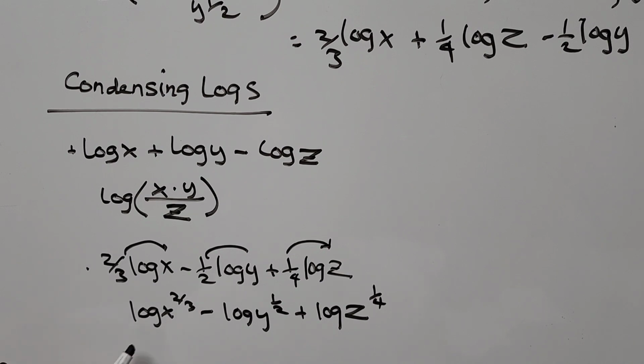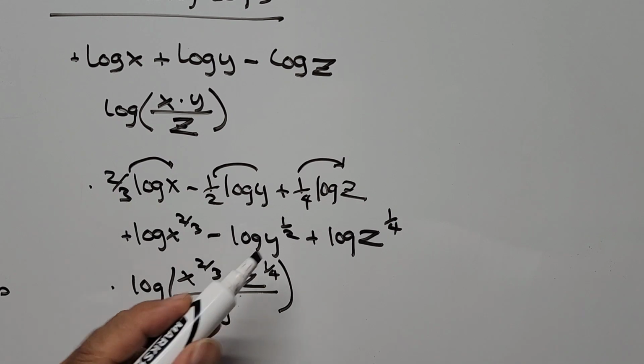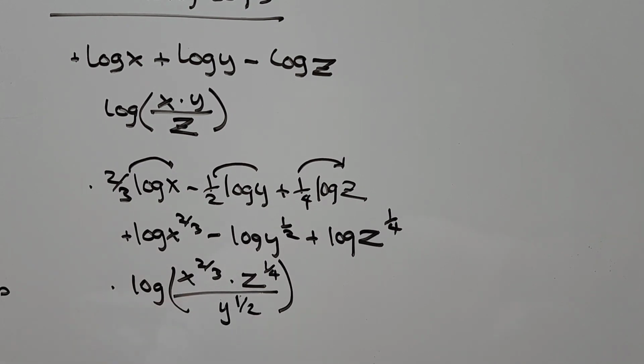So now all the positive goes on top, negative on the bottom, right? So this is positive right here. So log of x to the 2/3 times z to the 1/4 divided by the one that's negative, so this is y to the power of 1/2. So that's how we condense this expression.